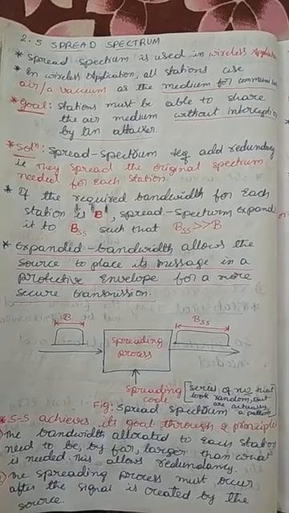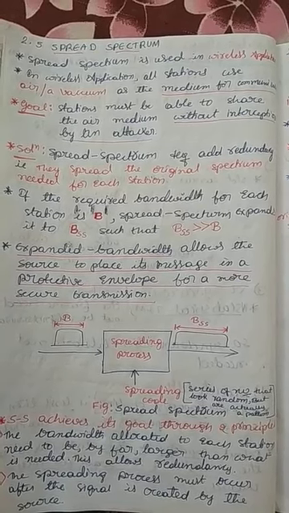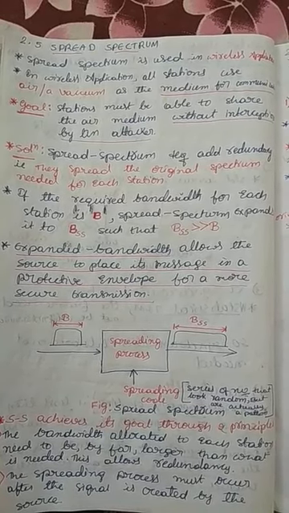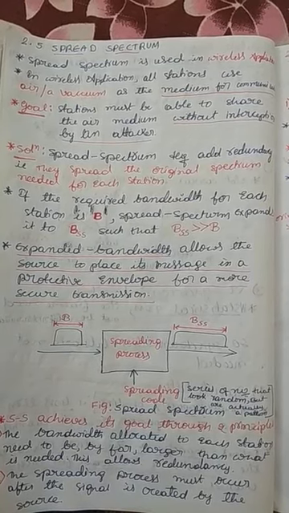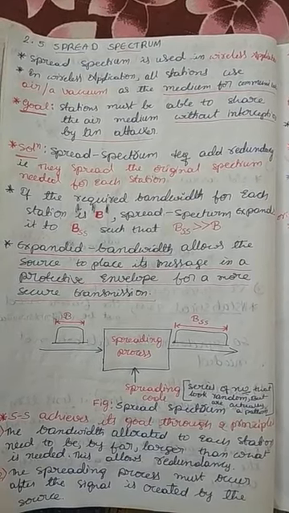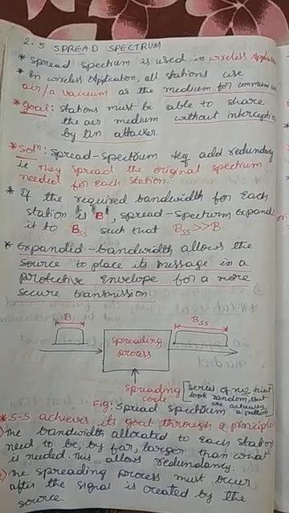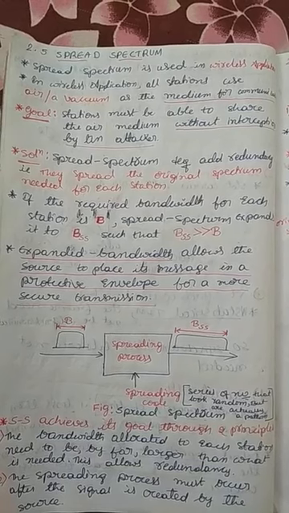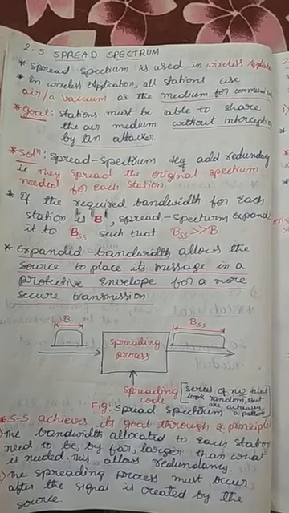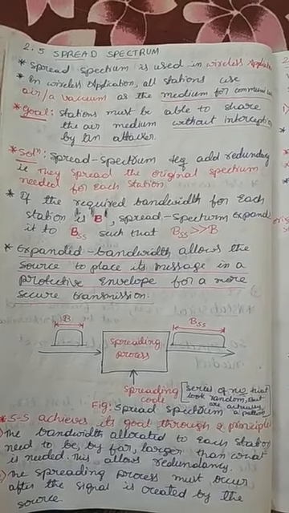In wireless applications, all stations use air or vacuum as the medium for communication. We know what is meant by wireless: there is no wire for the communication.